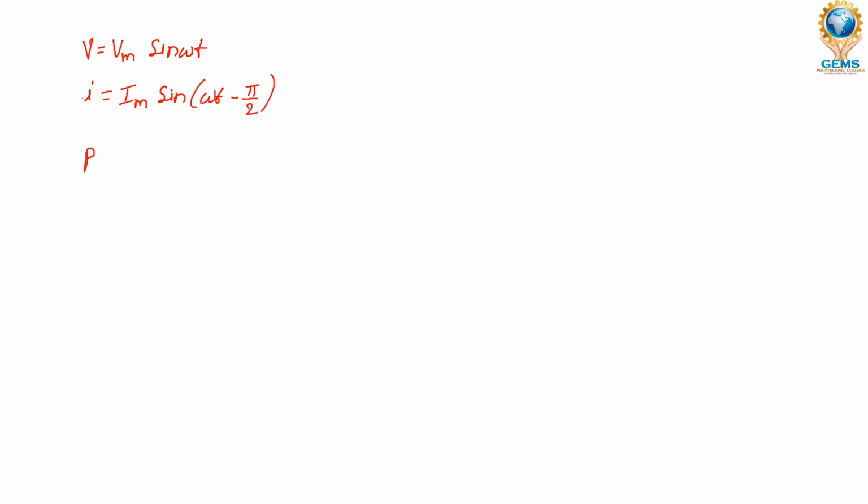Here the power formula, P equals V into I. P equals Vm sin omega t into Im sin omega t minus pi by 2.